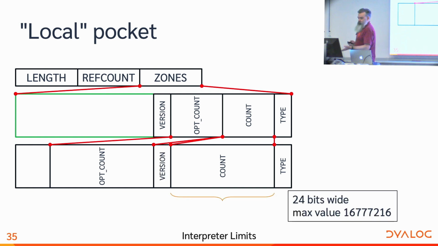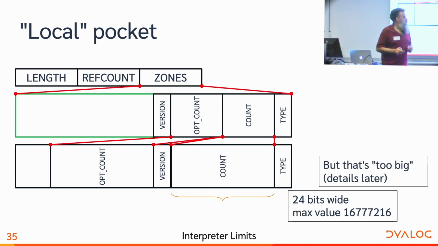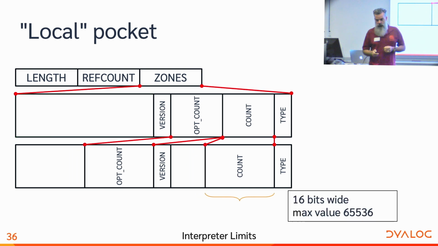So we could, in theory, without doing too much, have 24 bits of these things, which would give us a maximum value of 16 million constants in a function, which is pretty good. For other reasons that we'll come to in a moment, we actually need to restrict that to potentially just 16 bits, which is still 65,000 unique constants in a function. Or references to variables, it's all the same thing.